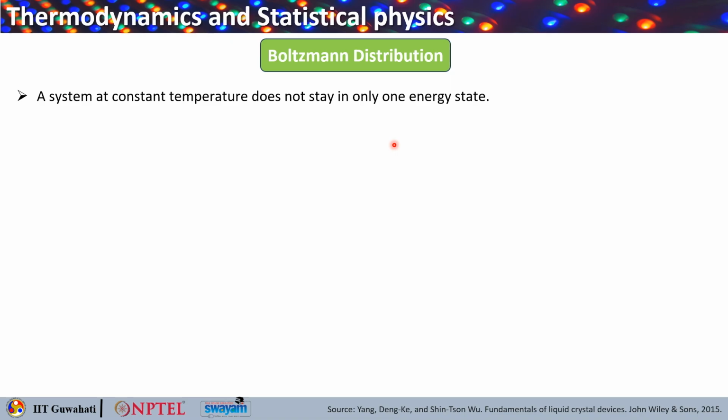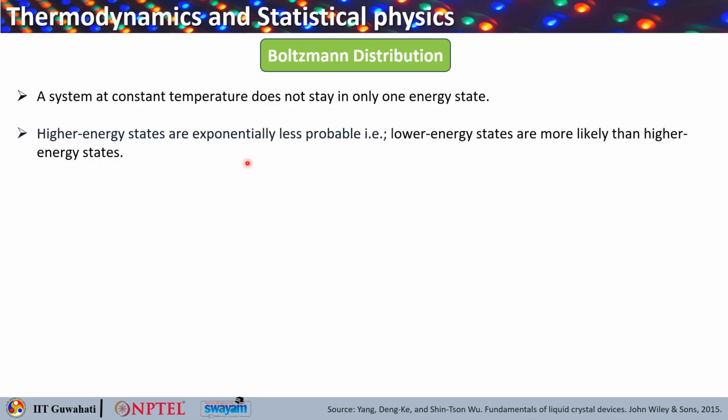So, consider a system at constant temperature that does not stay in only one energy state. Higher energy states are basically exponentially less probable. That means, the lower energy states are more likely to happen than the higher energy states.